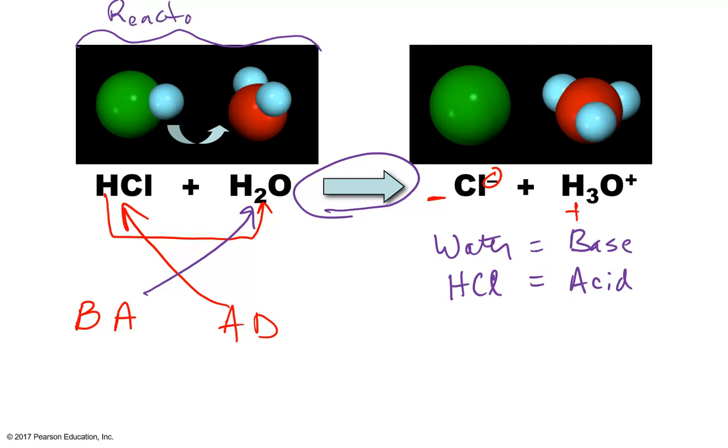You were close enough that I'm going with it. The entire thing is a reaction. The things that we started with are the reactants, and what do we call the things we end up with? The products. I'm going to put S because there's two of them. So that arrow tells us which side is the reactants and which side is the products. And we were able to identify which one was an acid, which one was a base by following the hydrogens.